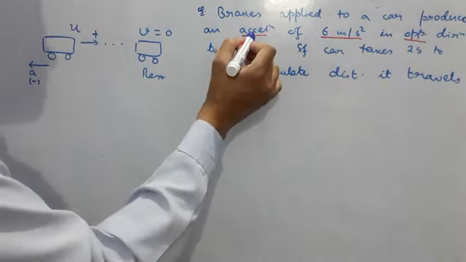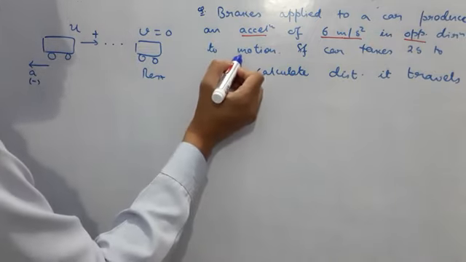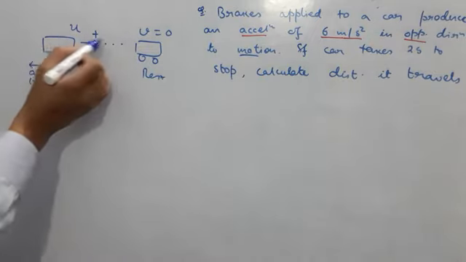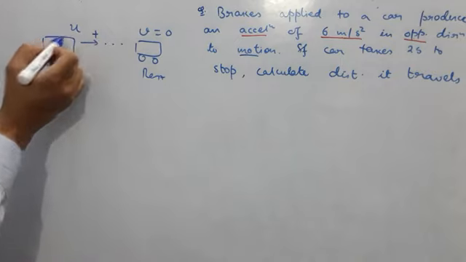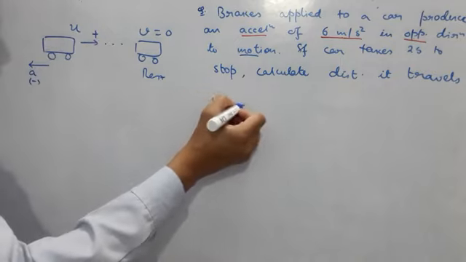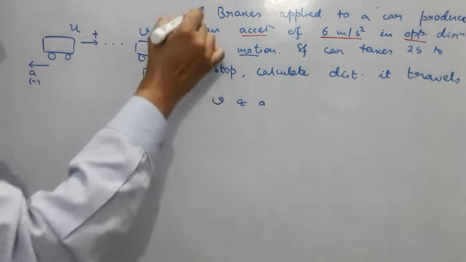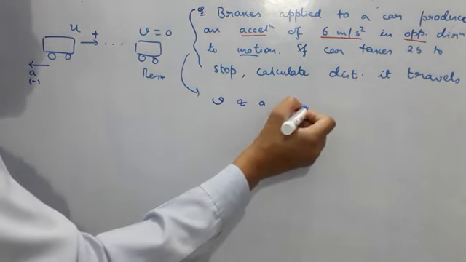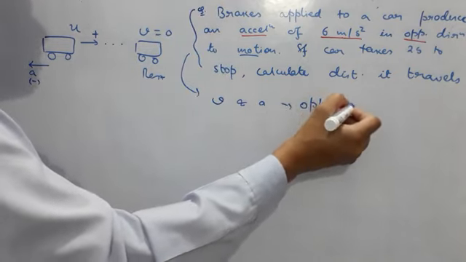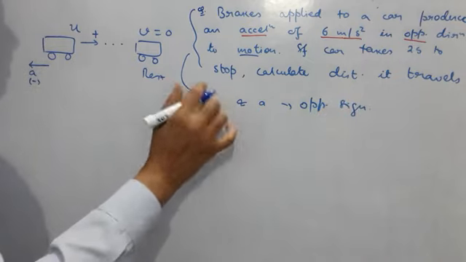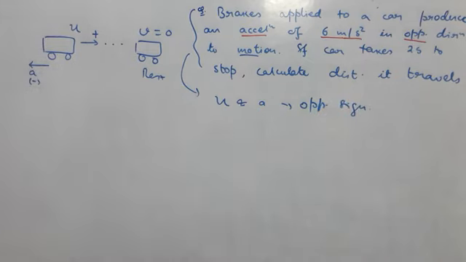Since the acceleration direction is opposite to the direction of motion, and motion means velocity, velocity and acceleration in this question must have opposite signs. Initial velocity and acceleration must have opposite sign.